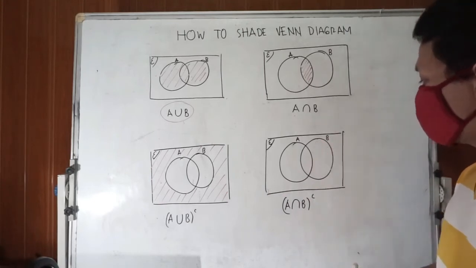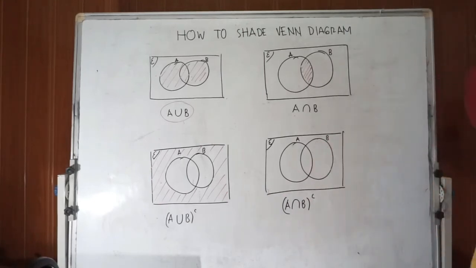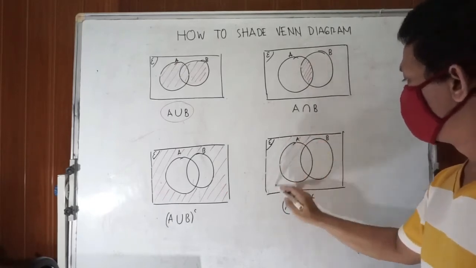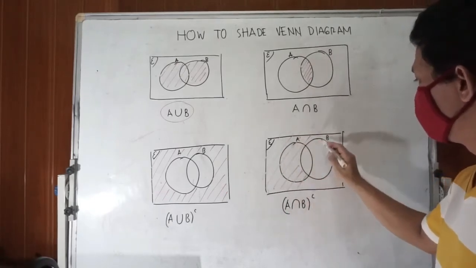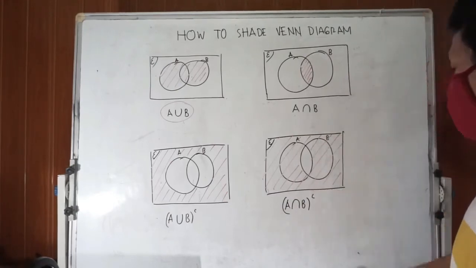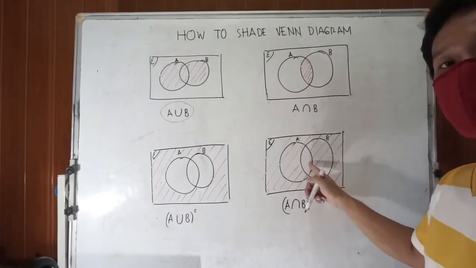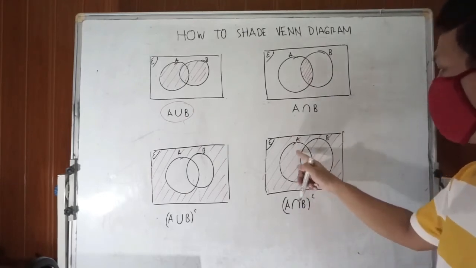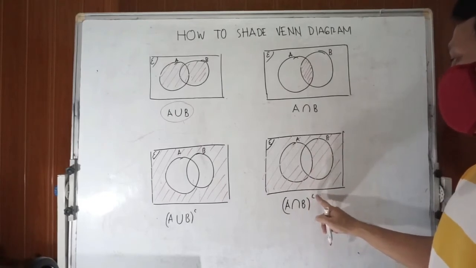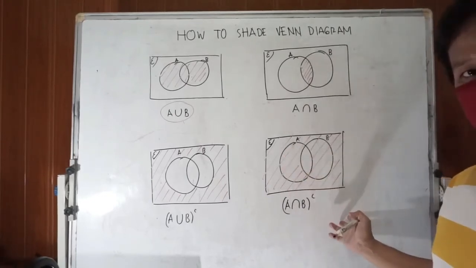So you have to set all the elements out of the middle. This one. So the empty one is only the middle, right in the middle of A and B only. So A intersection B complement means like this. Is it clear? Thank you.